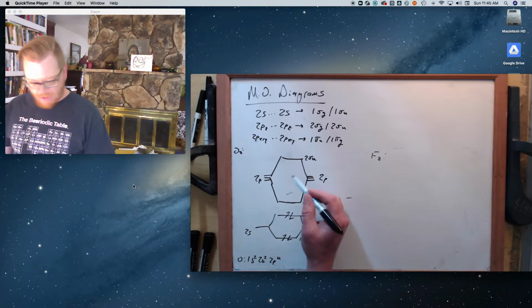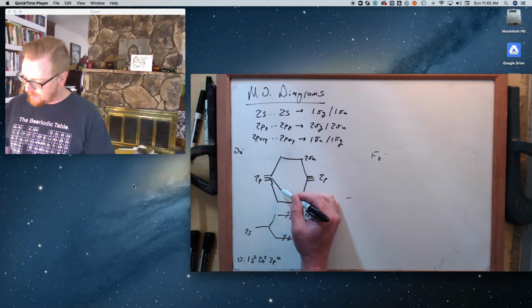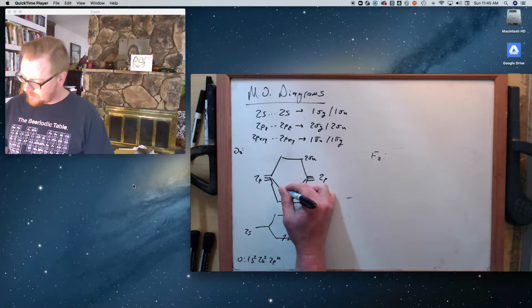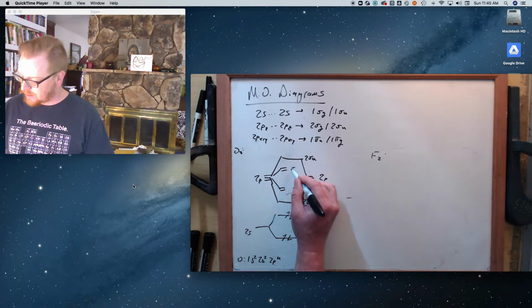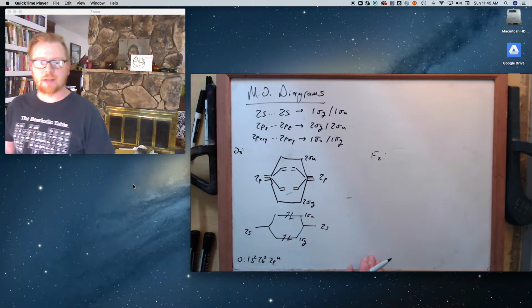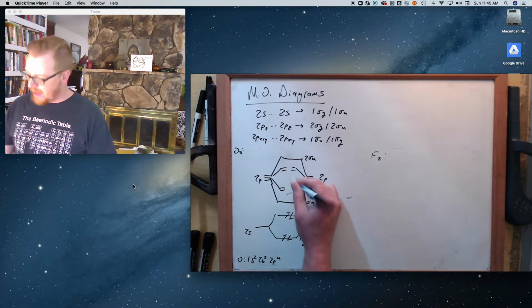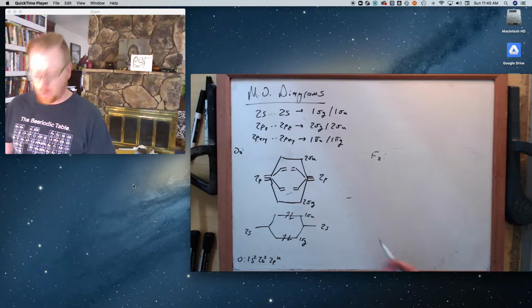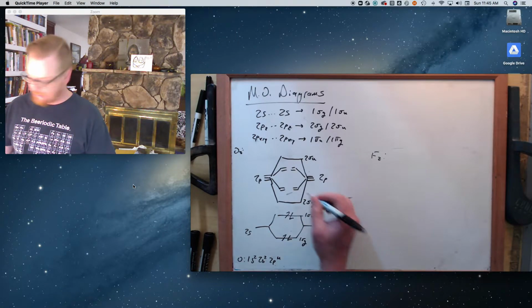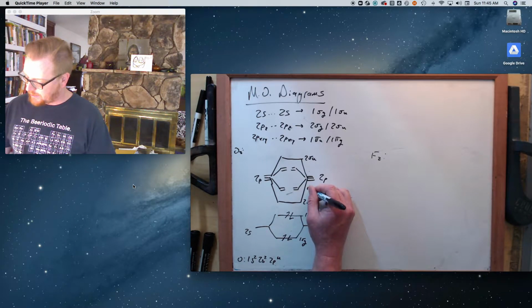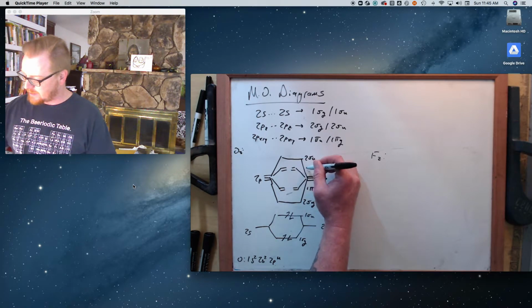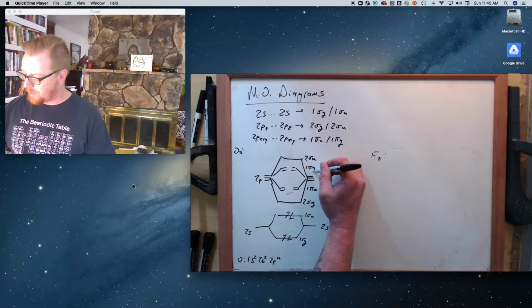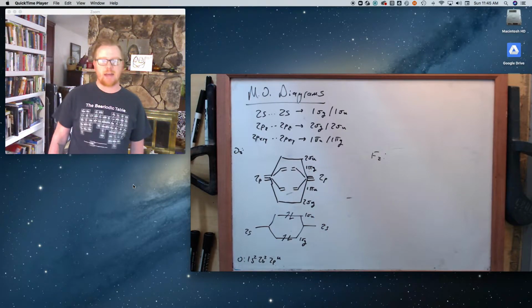So then what that means is the px and py states, in other words, that make the pi bonds, end up being sandwiched in between for O2 and, as it turns out, also for F2. And so this level right here becomes my 1 pi u bonding, and this level right here becomes my 1 pi g anti-bonding.